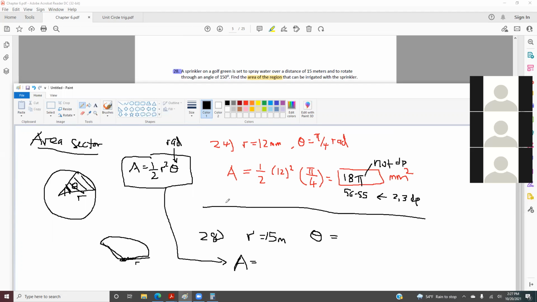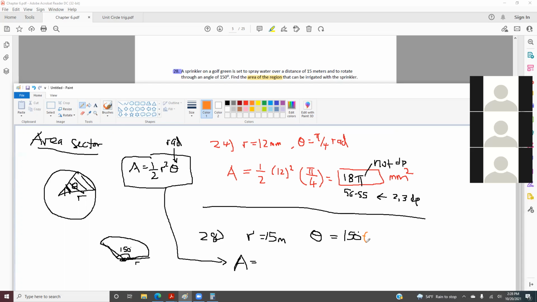And your angle is what? 150. 150 degrees, but as you know, your theta cannot be in what? Degrees. I have students who just plug this into the formula and got it wrong on the test. So you need to do what with this 150 degrees?